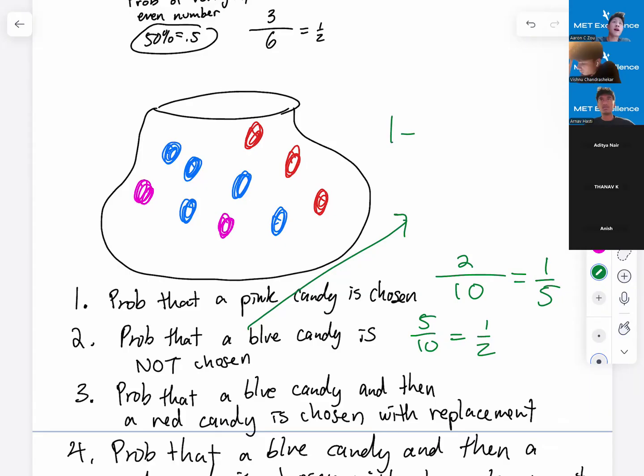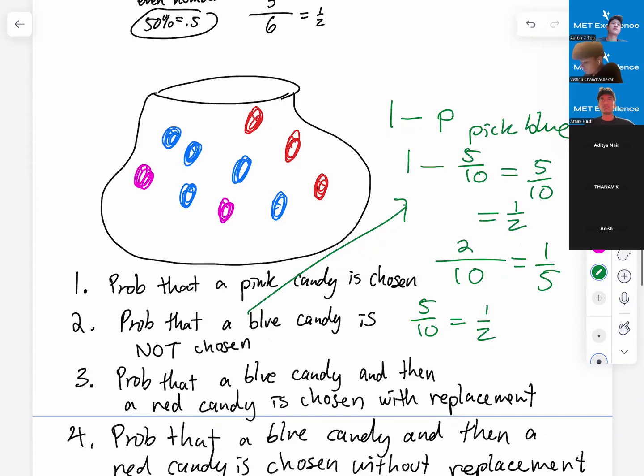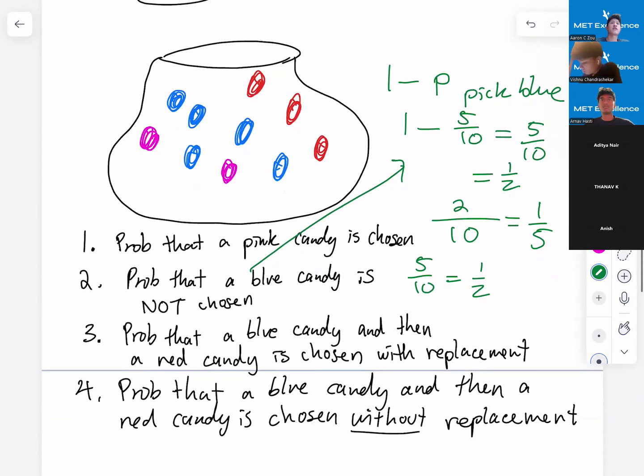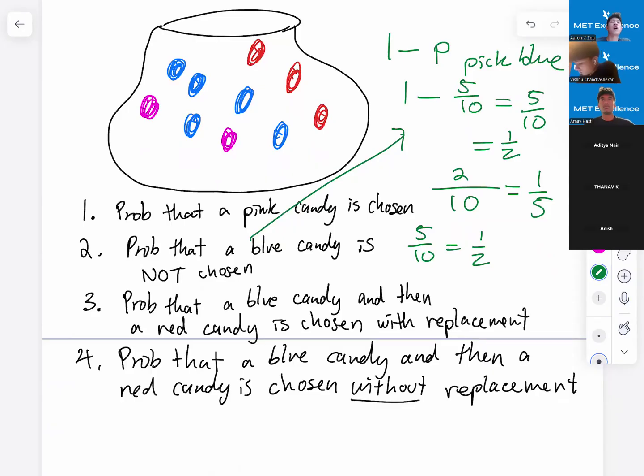We'll do 1 minus the probability that we pick blue. Notice that if I do 1 minus the probability of picking blue, we get the same answer. So I want you guys to notice this complementary strategy, which is very useful sometimes.